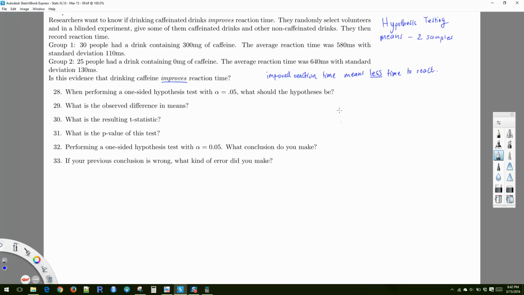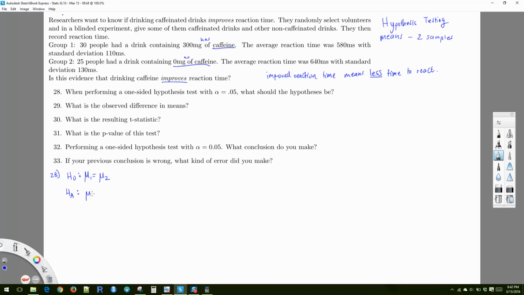All right, so keeping that in mind, number 28, our hypotheses. Our null hypothesis will be that mu1 is equal to mu2. Mu1 is the group with caffeine and mu2 has no caffeine, so 0 milligrams of caffeine means no caffeine.